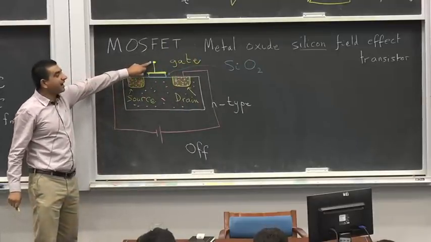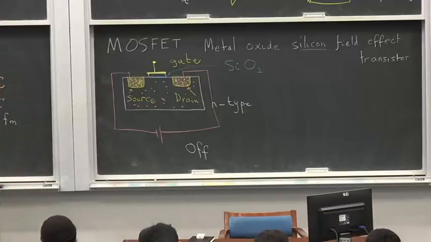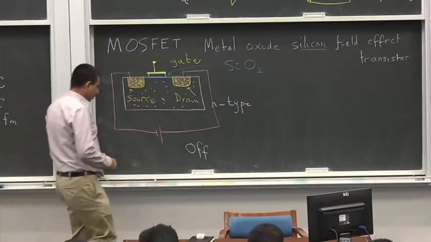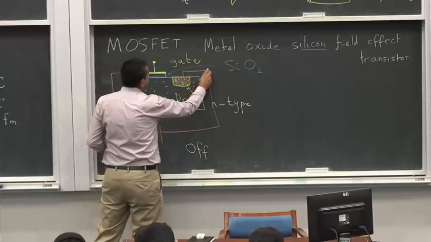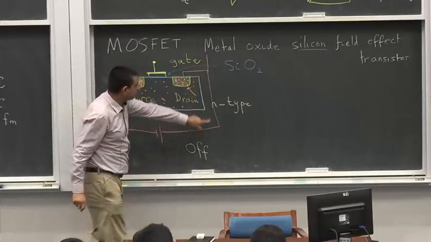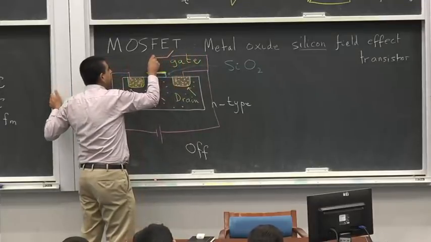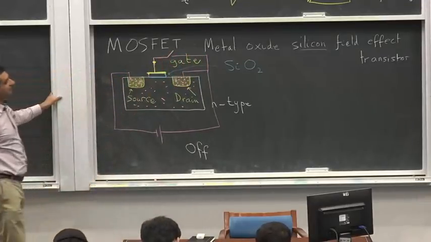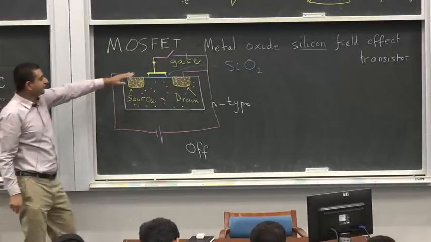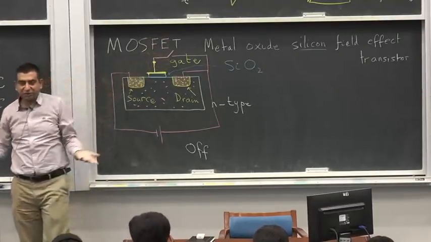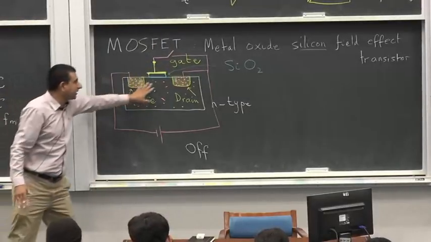And I can apply a voltage to this gate. What I could do is have this terminal, which is connected to the positive terminal of the battery. I can have a switch that is connected to this gate. Now when this switch is open, nothing special happens, and no conduction takes place.